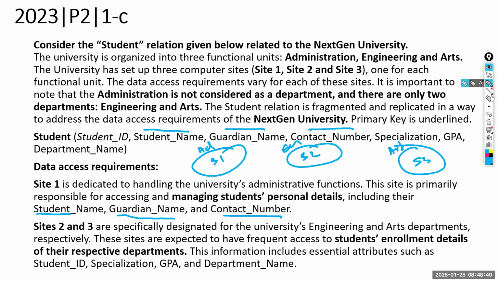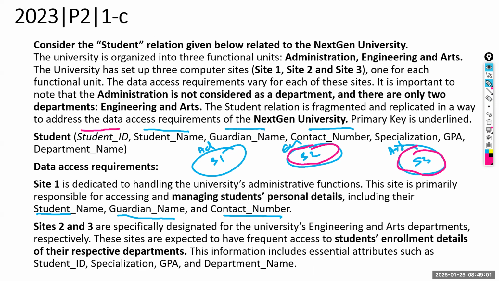Okay, so let's use a different color. So they need student ID, obviously, but I don't know why these guys don't need the student ID.